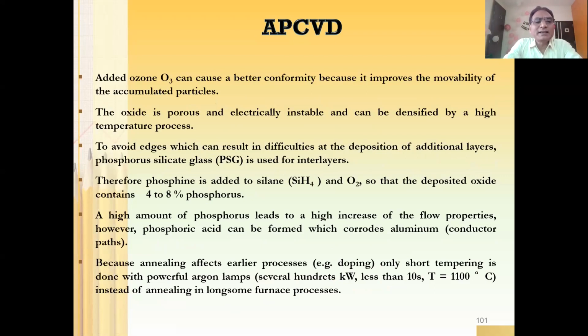As far as APCVD, you can add ozone, O3, that can cause better conformity because it improves the mobility of the accumulated particles. The mobility, the transport properties, of the accumulated particles can be improved by using O3.